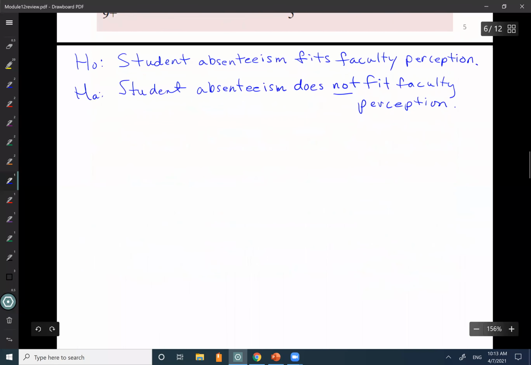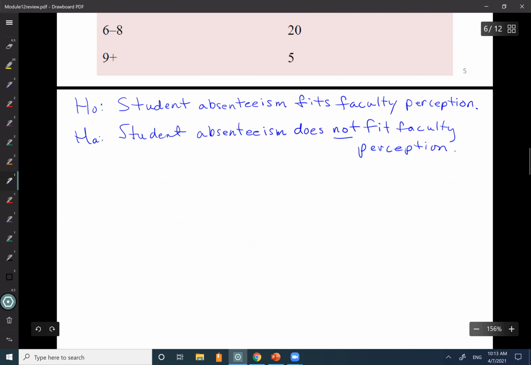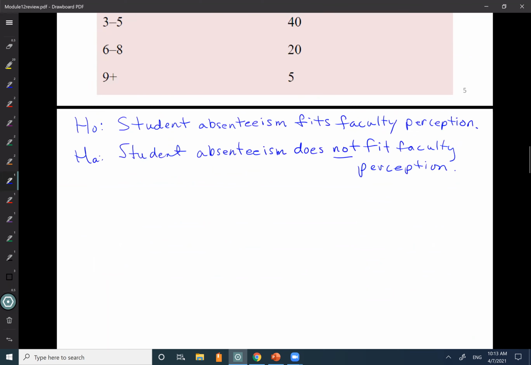expected? So what we can do is we can look at each one. So, let me grab this. So 0 to 2 days absent. We'll look at that category. So this is the category.